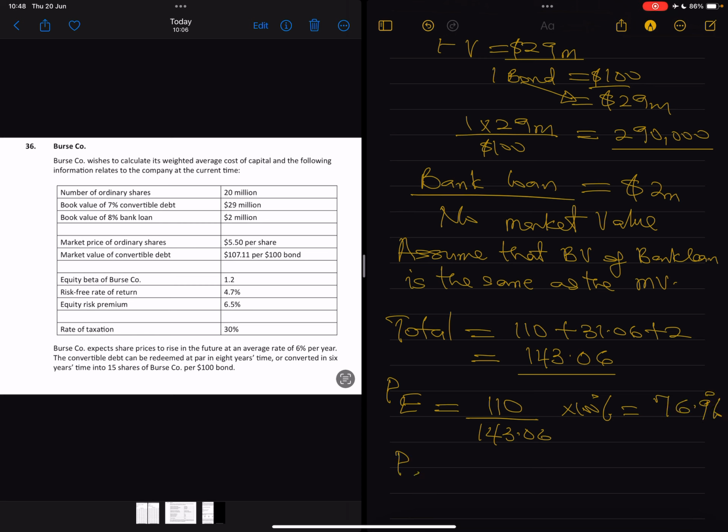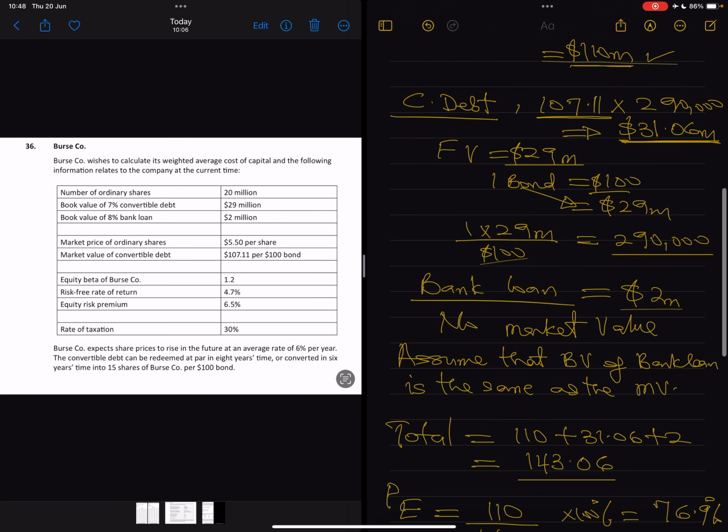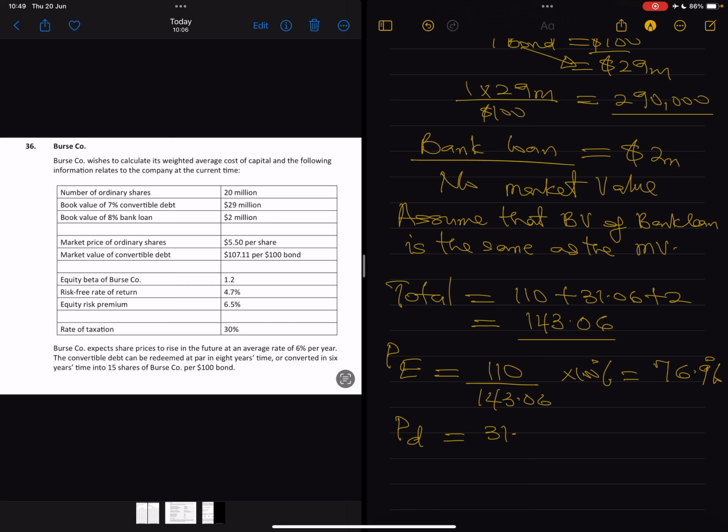Proportion of convertible debt, that's 31.06. Remember, convertible debt is this, 31.06 divided by 143.06 times 100 percent.